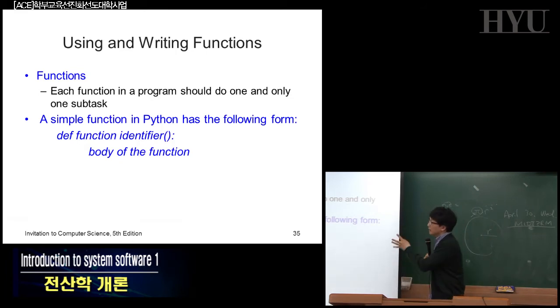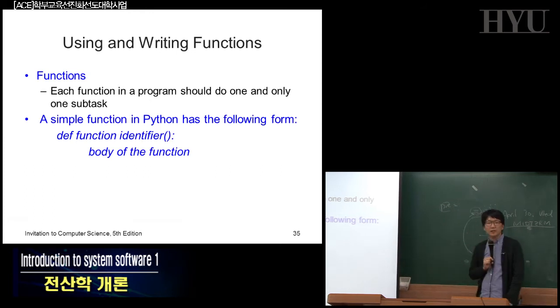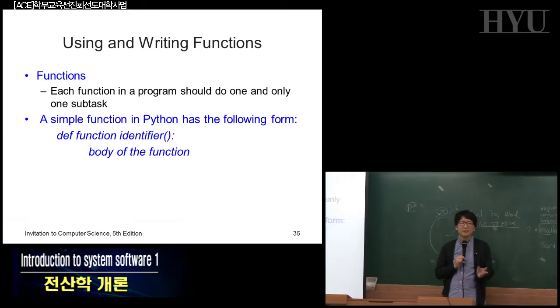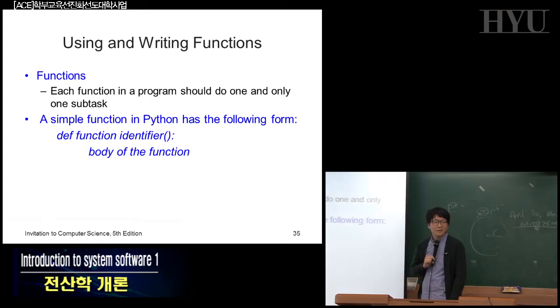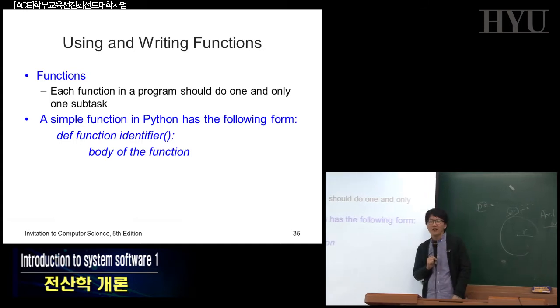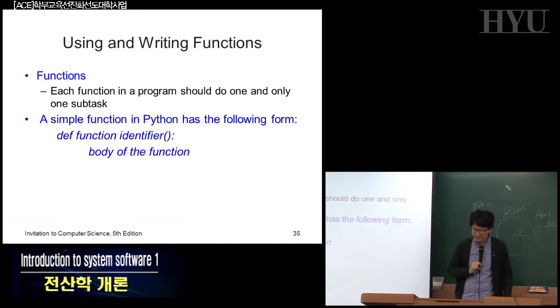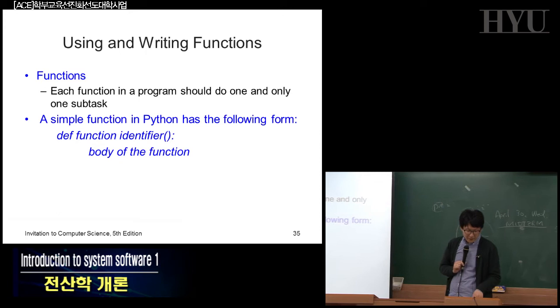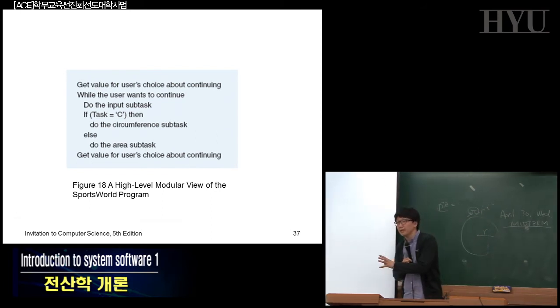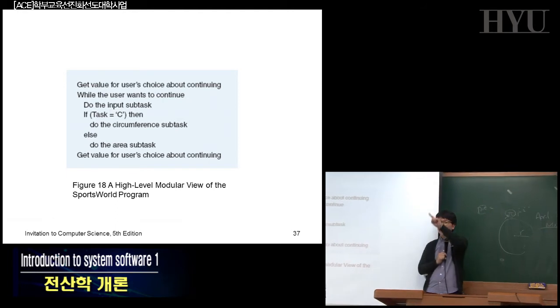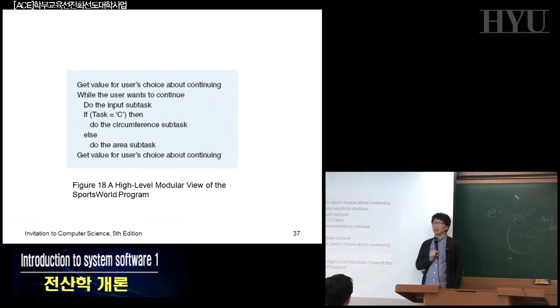So same idea, just like in your C class, but in C courses, they probably need to have header files and source files. So you need to learn the structure from the beginning. Python is even simpler. Let's say this is the same program, they're computing the area of the circle or circumference of the circle.